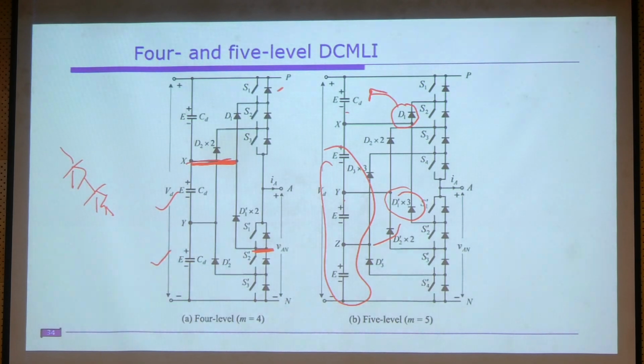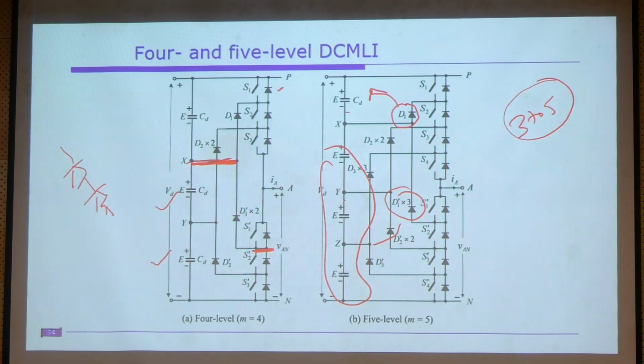Understood? That's why in most cases we will normally use this diode clamp for levels somewhere between 3 to 5. There is a drawback here. When you are increasing the number of levels, we need to connect so many devices and add so many clamping diodes. Also, the capacitor voltage deviates.